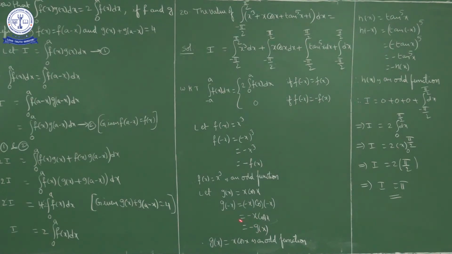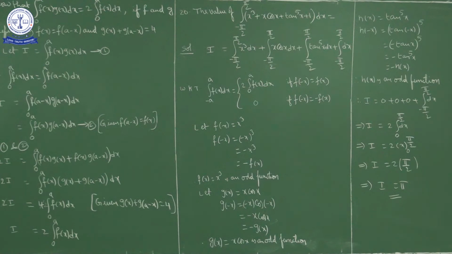So g of minus x is equal to minus g of x. So g of x equal to x cos x is an odd function. So the integral from minus pi by 2 to plus pi by 2 of x cos x dx is 0.